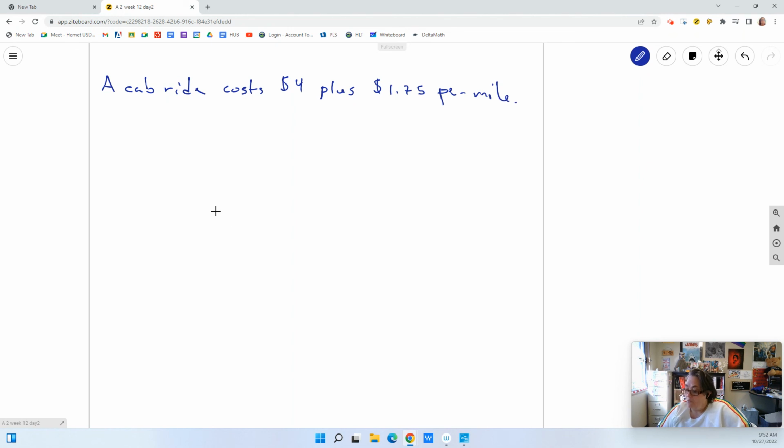And we want to write an equation to represent the cab fare.